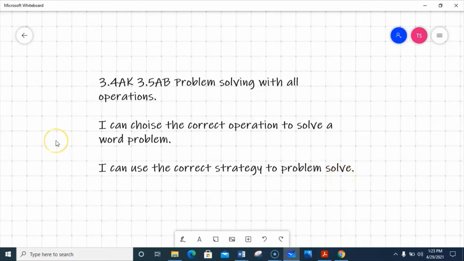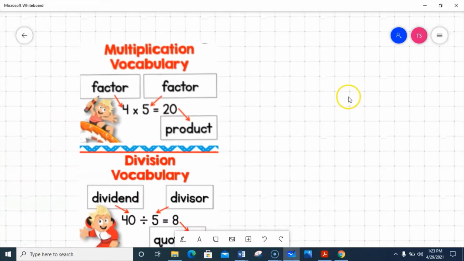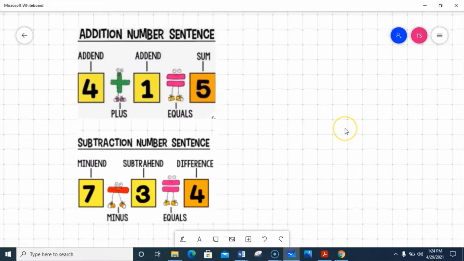So we're going to look at some of the vocabulary. Since we're using all operations, that would be addition, subtraction, multiplication, and division. Those are the four operations we use in math. For addition, we have addends, the two numbers we put together to get our sum, which is our answer.